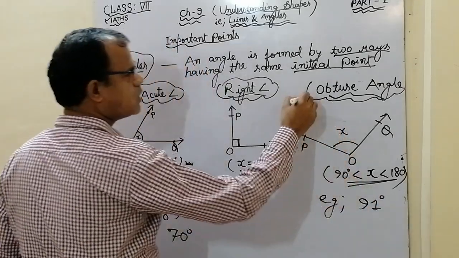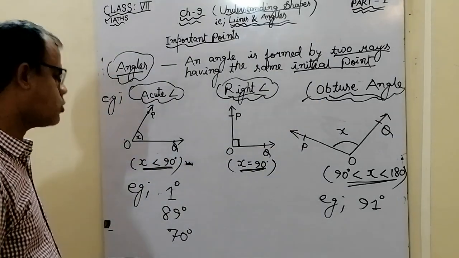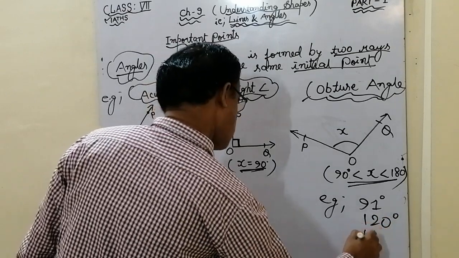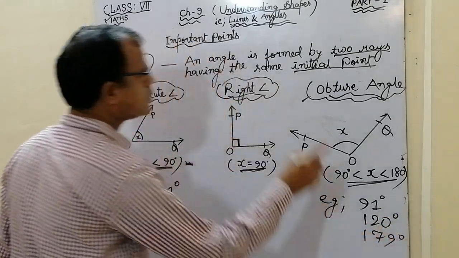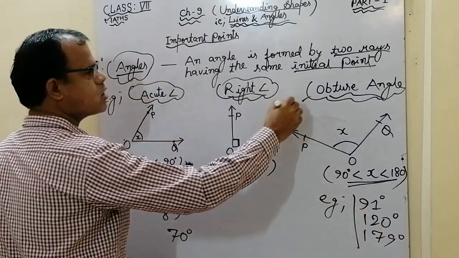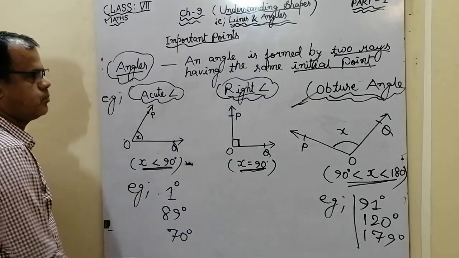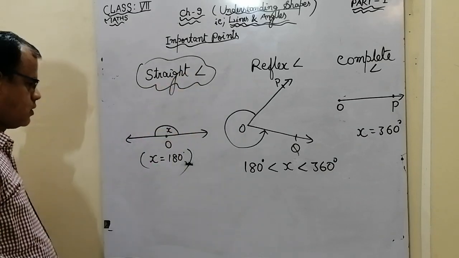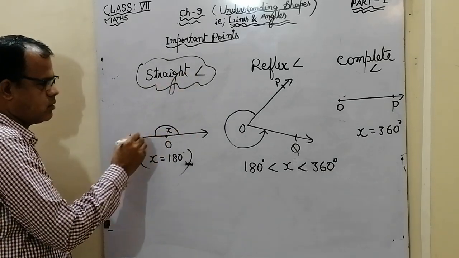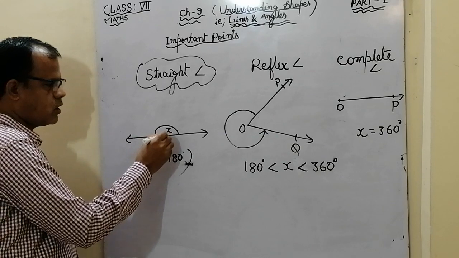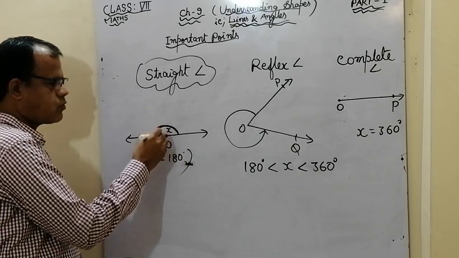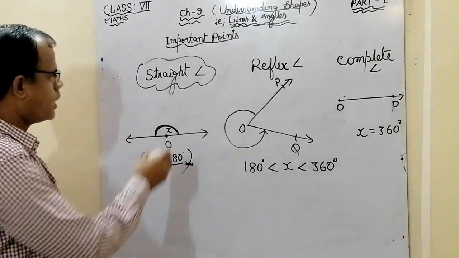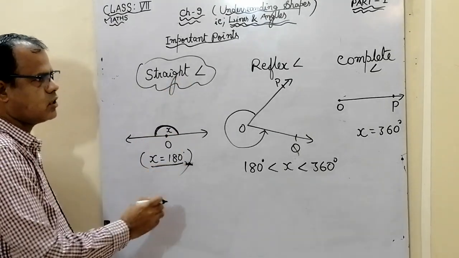Yes, 91 degrees is an example of an obtuse angle. 120 degrees also, 179 degrees also, and these all three are examples of obtuse angles. Next, straight angle, the angle on a straight line. Look here, this is a straight line, so here one angle is formed, that is x, and x is exactly 180 degrees. So the angle on a straight line is 180 degrees.